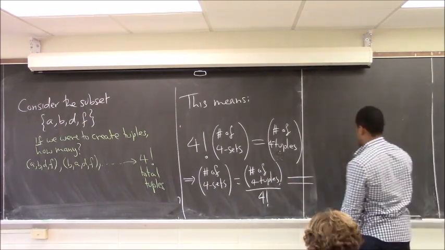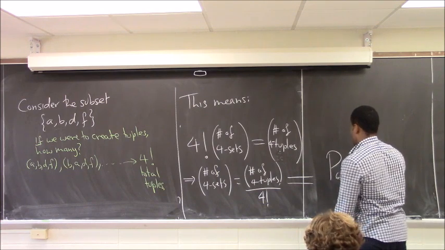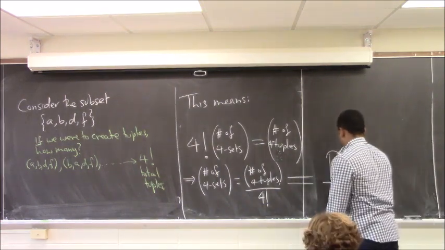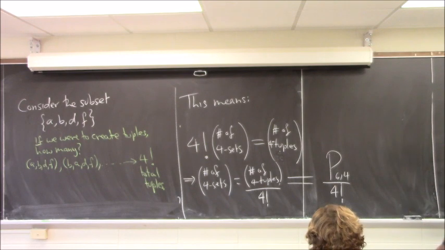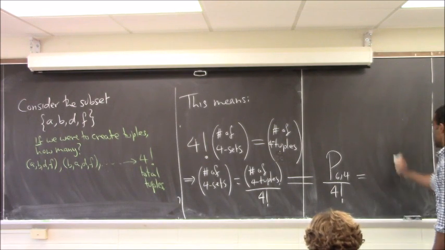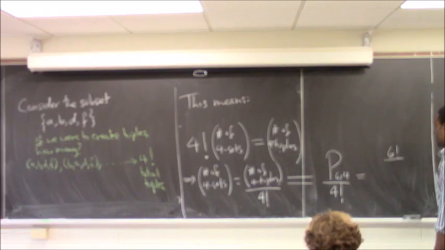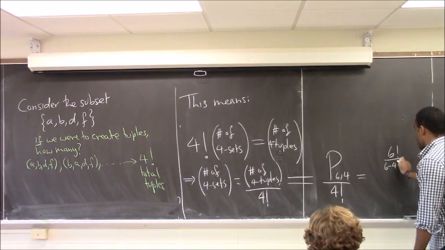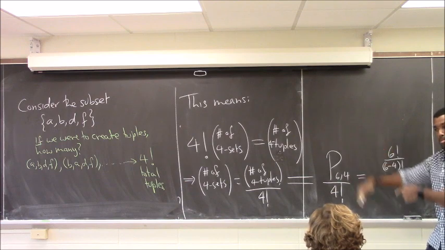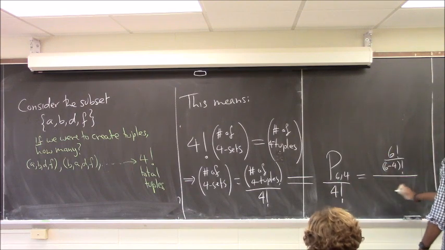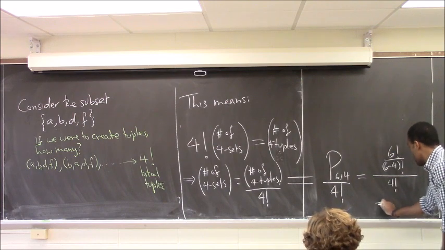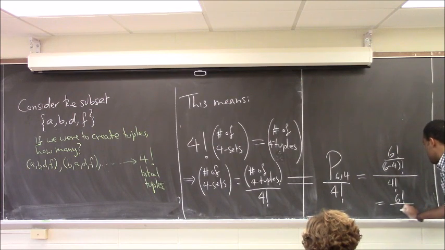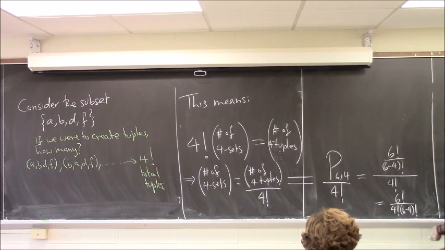Well, that is literally P of 6, 4, over 4 factorial. Now, that is going to be 6 factorial over 6 minus 4 factorial, using the formula that I mentioned earlier, divided by 4 factorial. So this is going to look like 6 factorial divided by 4 factorial times 6 minus 4 factorial.